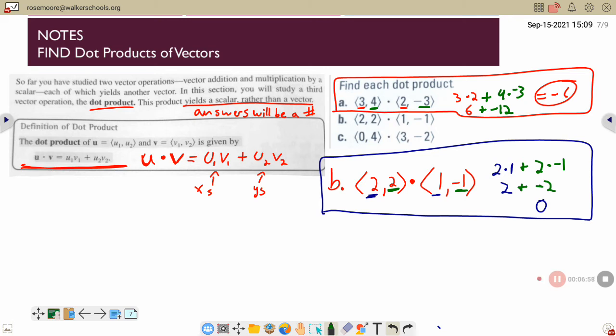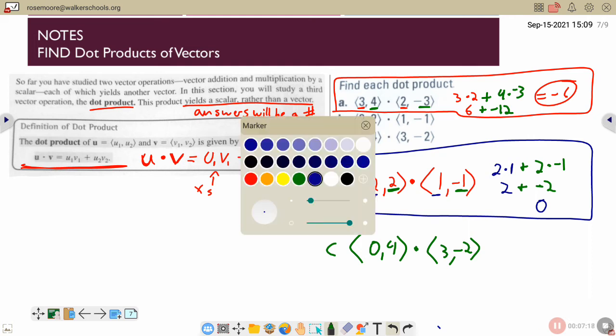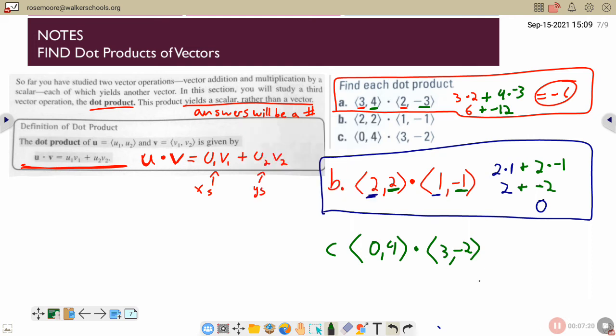Okay. And last we have C. Let's try C here. C gives me the vector 0, comma 4, dot 3, negative 2. So what I'm going to do is just what I've done before. All right.